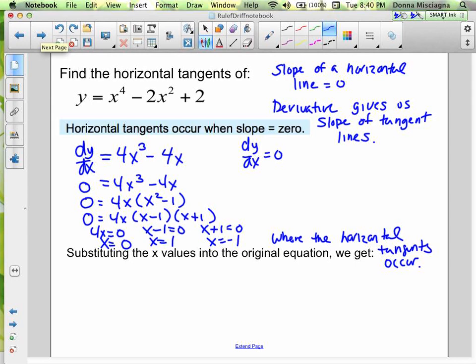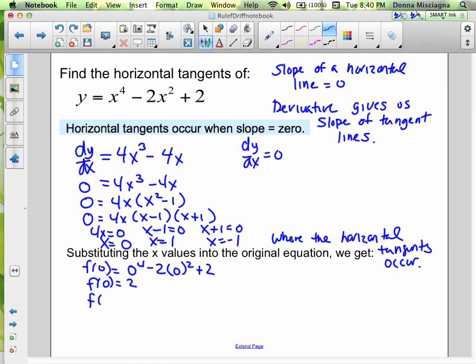Substituting the x value back into the original equation, you can find the y values. So if we plug in the 0, f of 0 gives us 0 to the fourth minus 2 times 0 squared plus 2. Of course, that's just going to be 2.